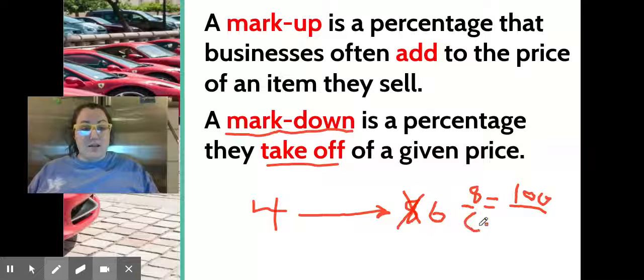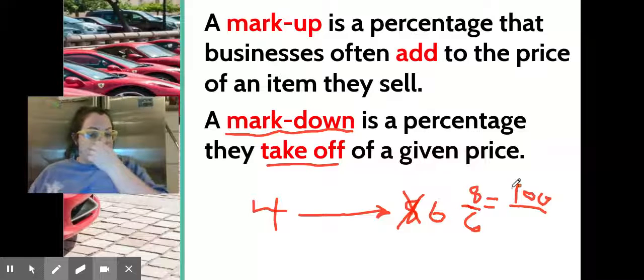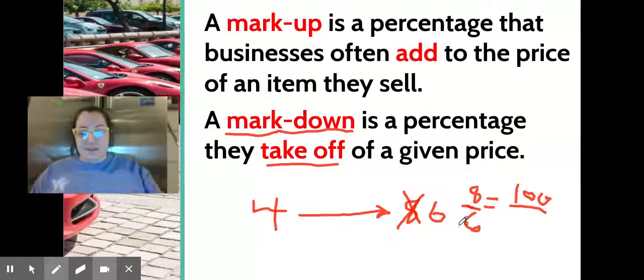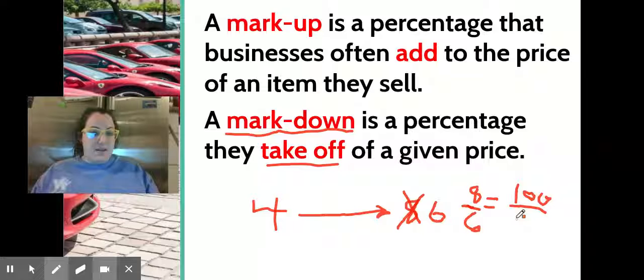With that, you could solve this proportion and solve exactly how much you marked it down by. So 100 divided by 8 is 12.5, and then we're going to take 12.5 and multiply it by 6, and you get 75%.